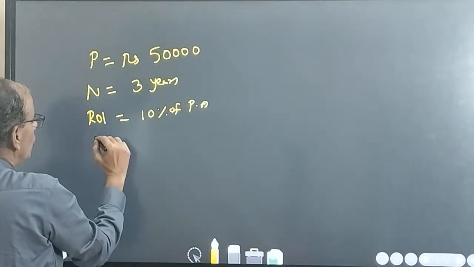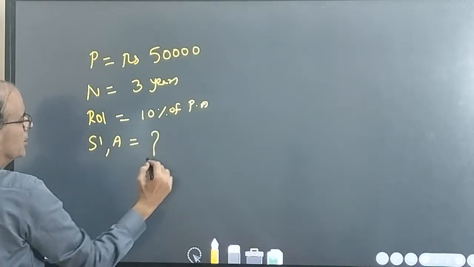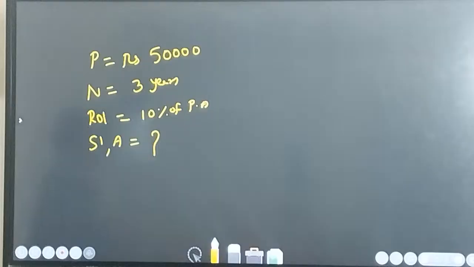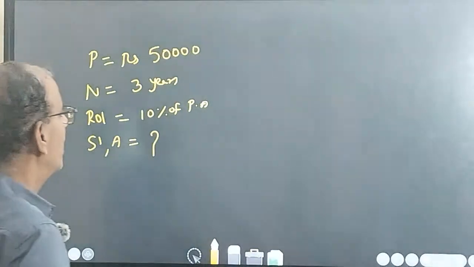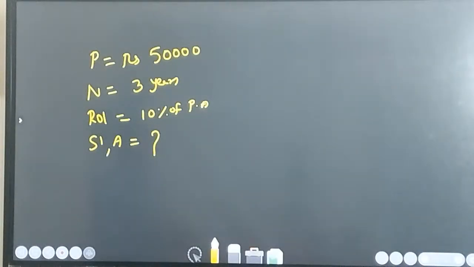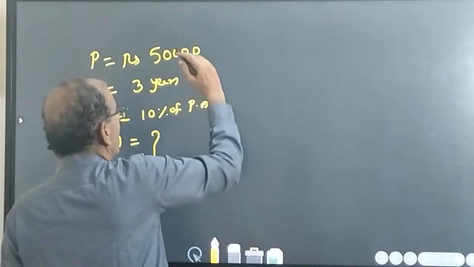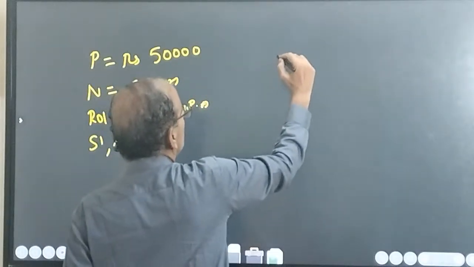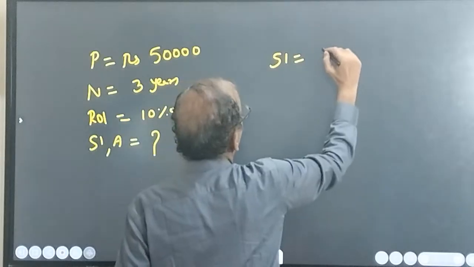They are asking you to find the simple interest and amount repayable. You might have studied in your school days, simple interest SI is equal to PNR by 100, A is equal to P into 1 plus NR by 100. As per that method, suppose I put SI is equal to PNR by 100, right?